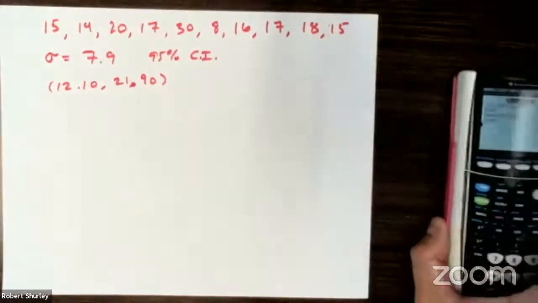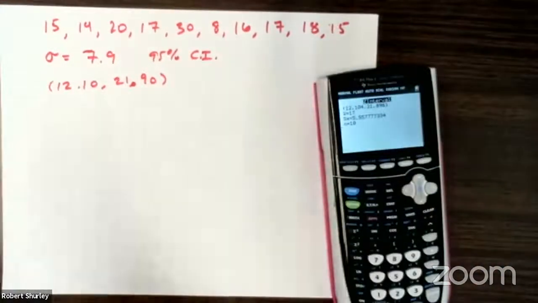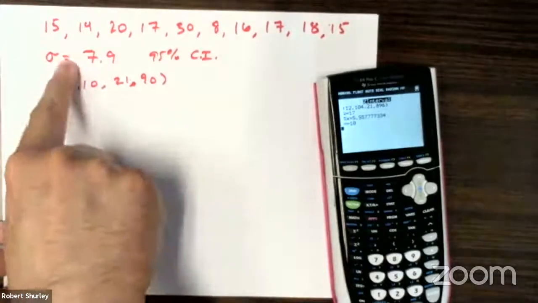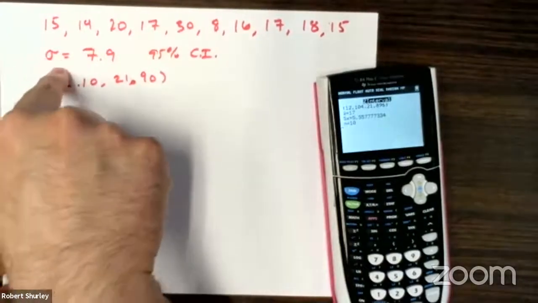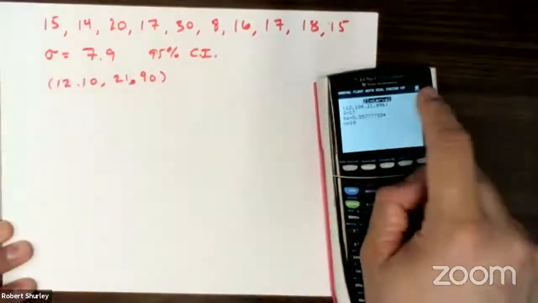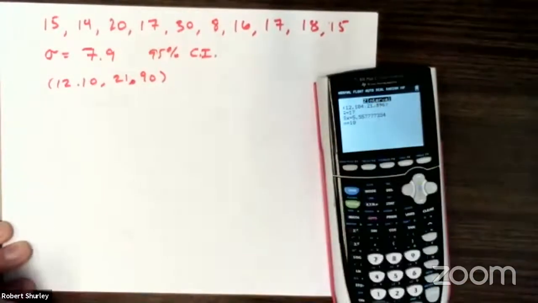So those are 2 ways it can be asked. What's important when you're reading the question is, does it give you the population standard deviation? If it does, that Z interval is what we're going to use.